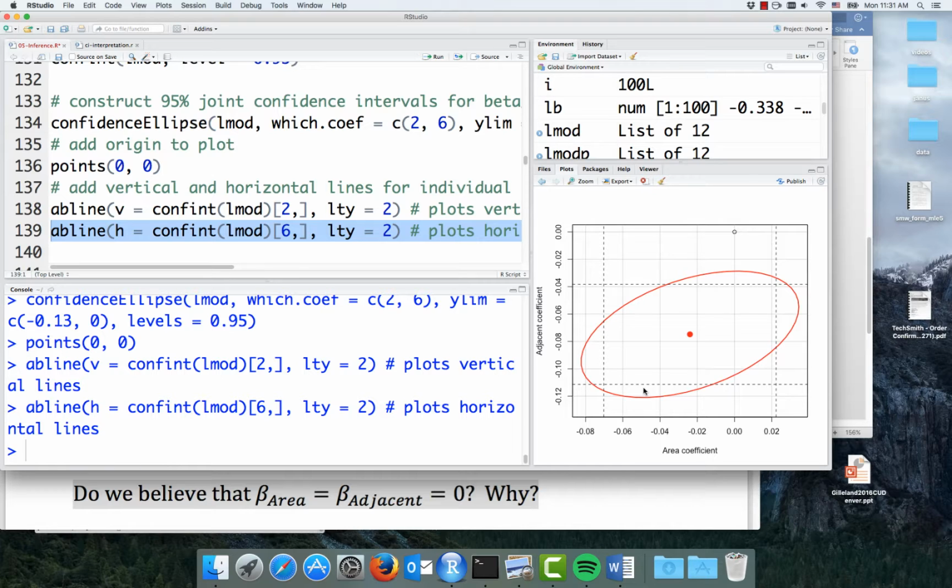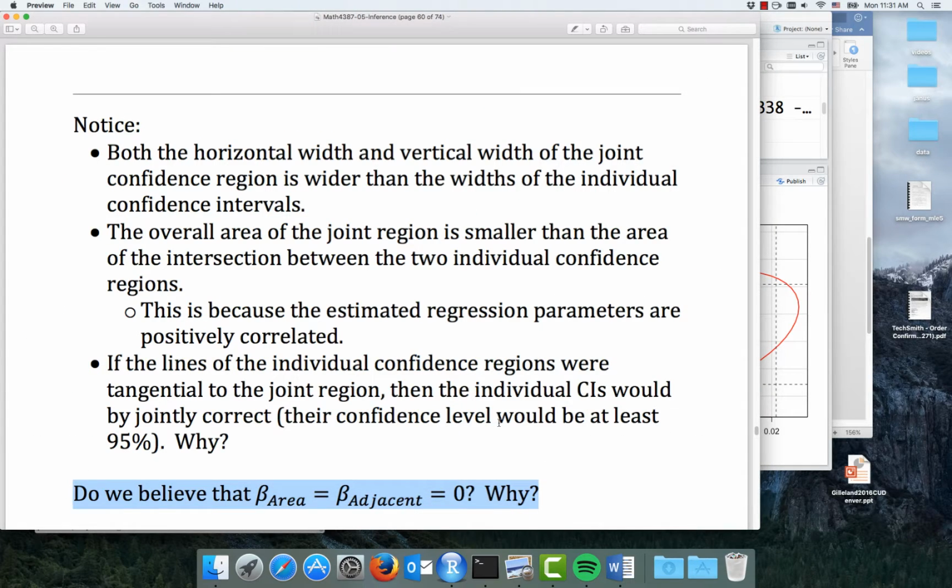And that actually makes sense because we're only making individual statements for each of these individual confidence regions. So we're only making a statement about beta area here. We're only making a statement about beta adjacent here. And if we want to make a simultaneous statement about both parameters at the same time, then we need to include more area, essentially, to make sure that our confidence level matches up with what we're stating.